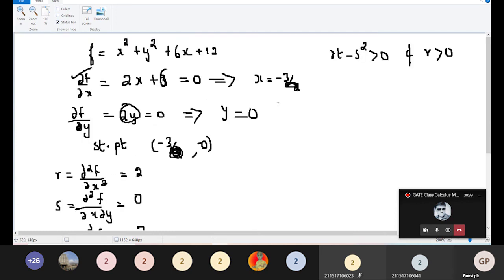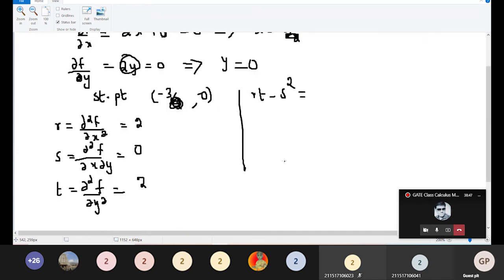Now RT minus S square means RT: R is 2, T is 2, S is 0. So it is positive. In particular, R is also positive.